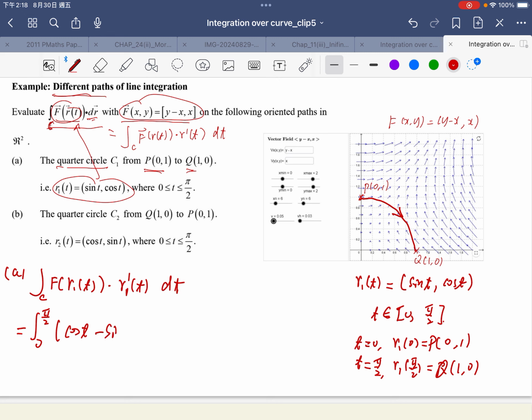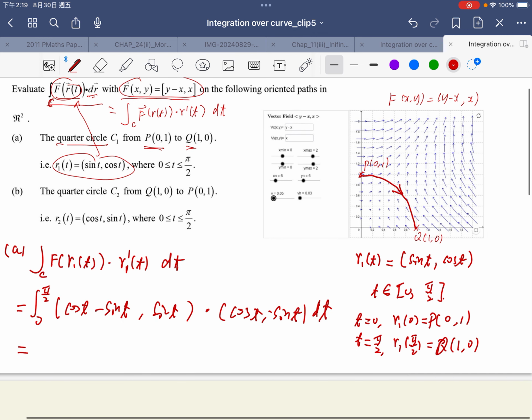Therefore, the first part is (cosine t minus sine t, sine t). Then the derivative of the path is (cosine t, minus sine t) dt.